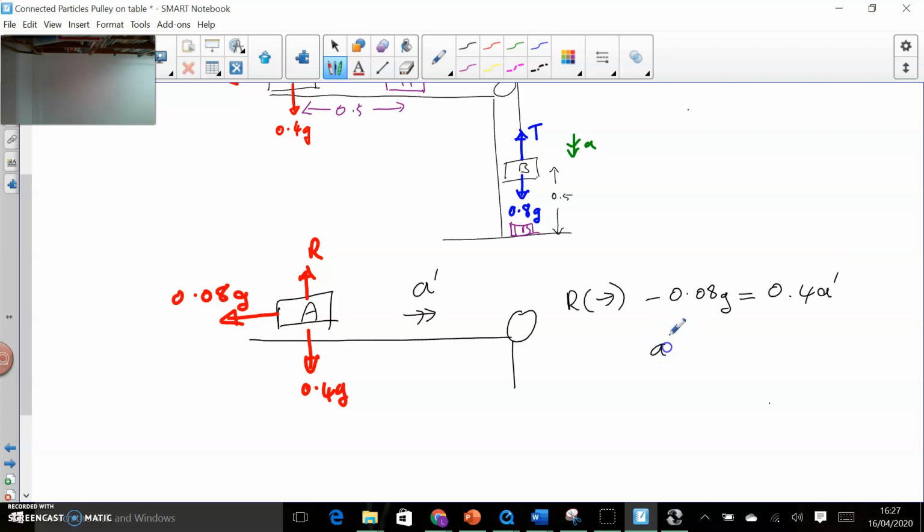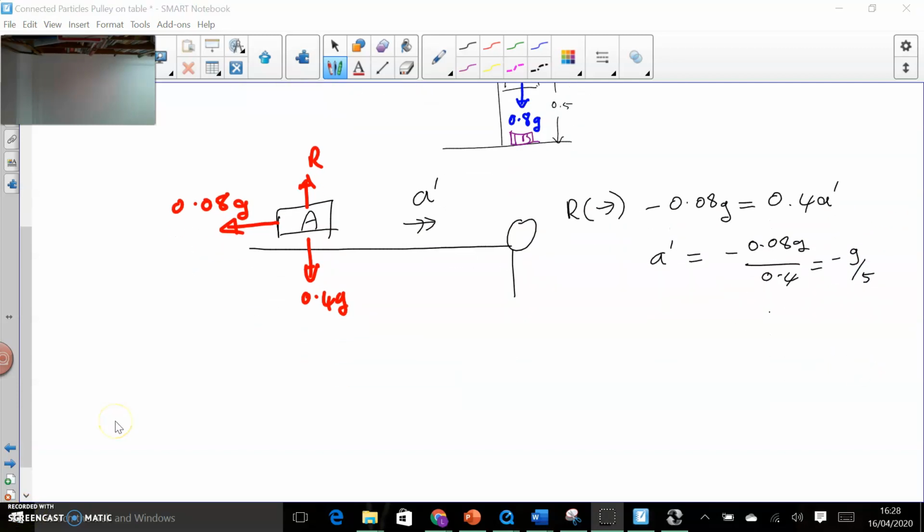So we can see that A dashed is minus 0.08 G over 0.4, and that equals, 8 over 40, minus G over 5.